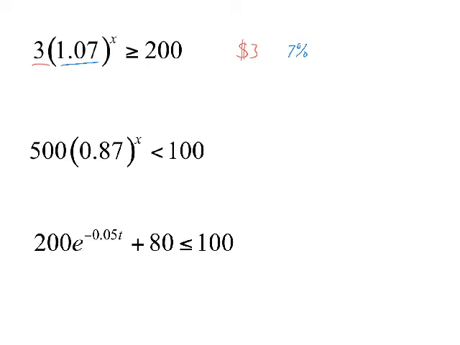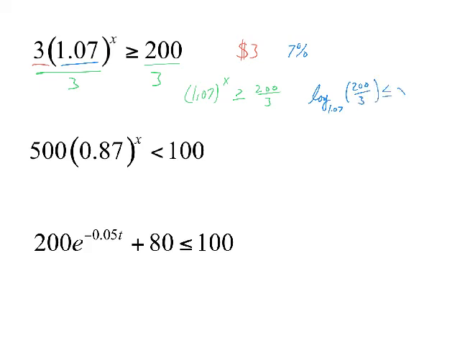One way you could solve it is to divide by 3. So I get 1.07 to the x is greater than or equal to 200 divided by 3. Then you change this to a log, and you get log base 1.07 of 200 over 3.